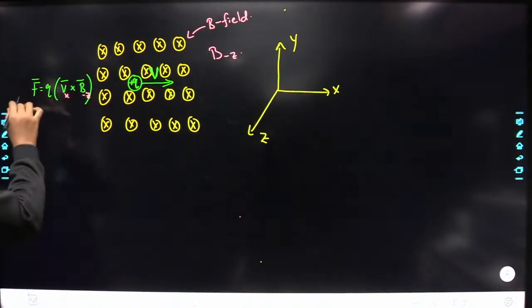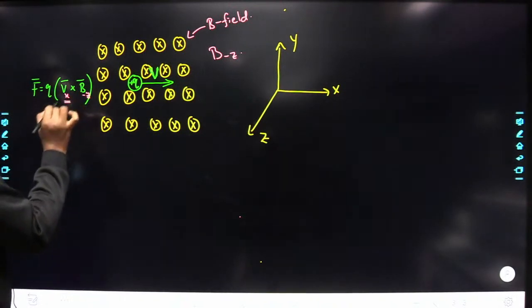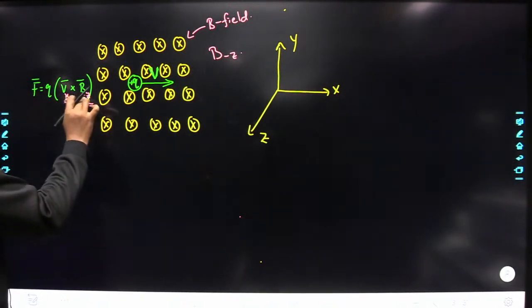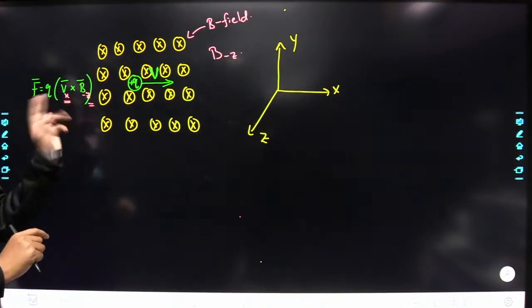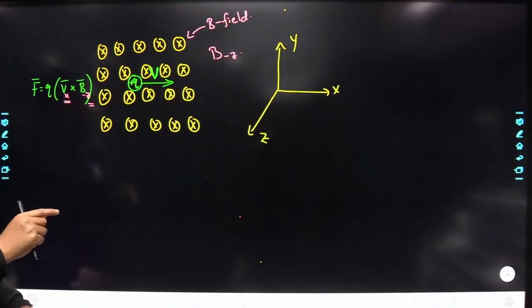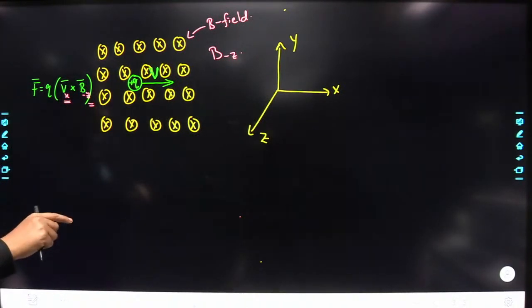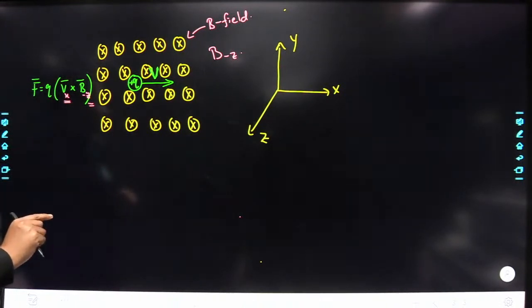So the resultant force will be in which direction? Whenever you are having X and minus Z, forget about the minus sign for now. What is X cross Z? X cross Z is minus Y. Yes or no? So minus of minus will become plus.